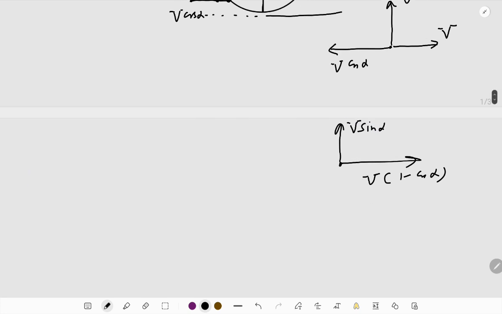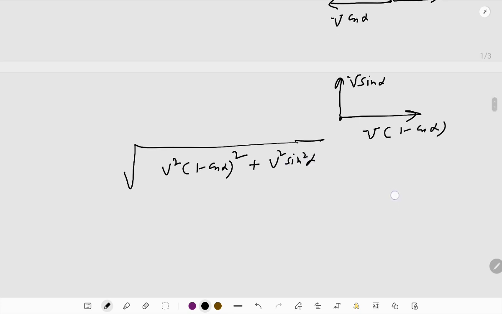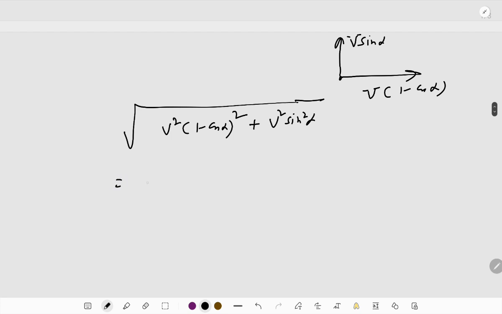Okay, so what is its velocity? In fact, its velocity can be written as square root of v square (1 minus cos alpha) square plus v square sin square alpha. This is the velocity of the ball at this moment, and in the next step I would like to write it like this.